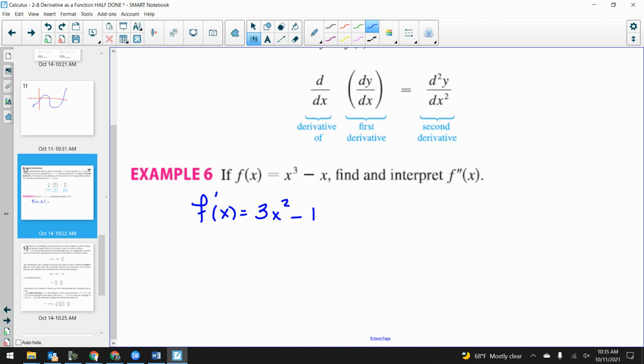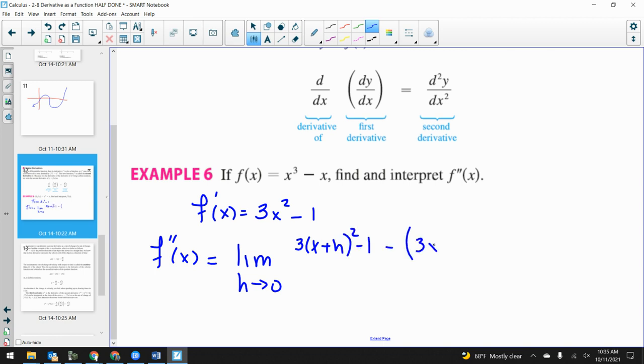Well, f double prime would then be the limit as h goes to 0 of f of x plus h minus f of x all over h. So 3 times (x plus h) squared minus 1 minus (3x squared minus 1), all divided by h.